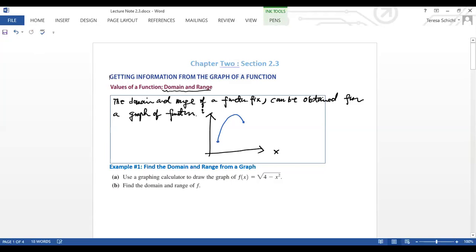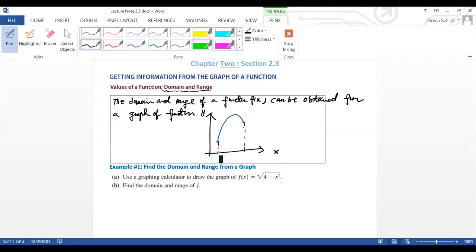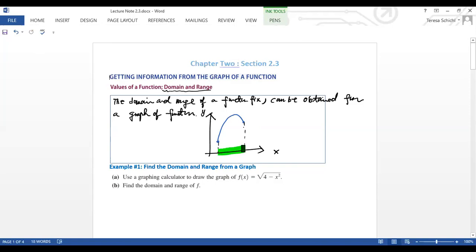The domain is the values of x. So x starts here and ends here, correct? This line from here to here is what we call the domain.